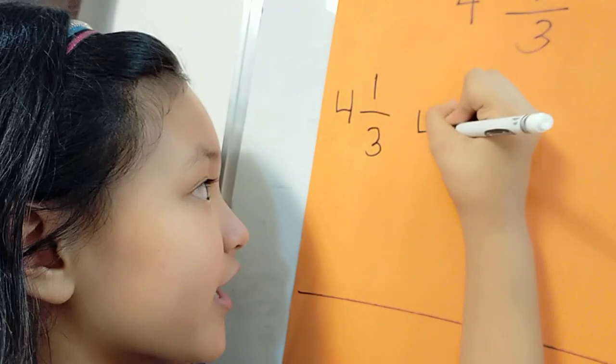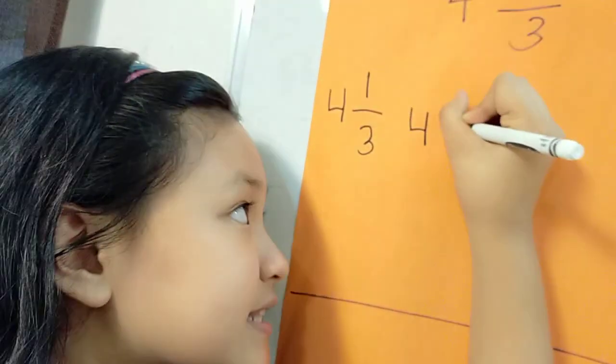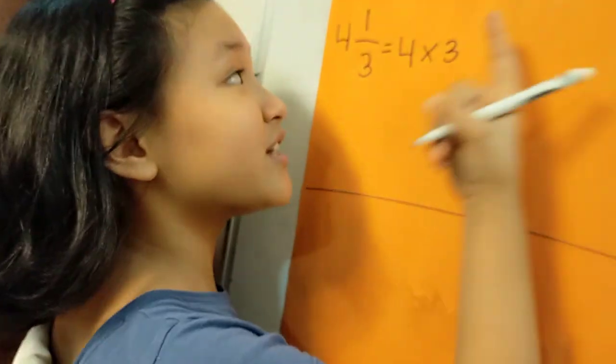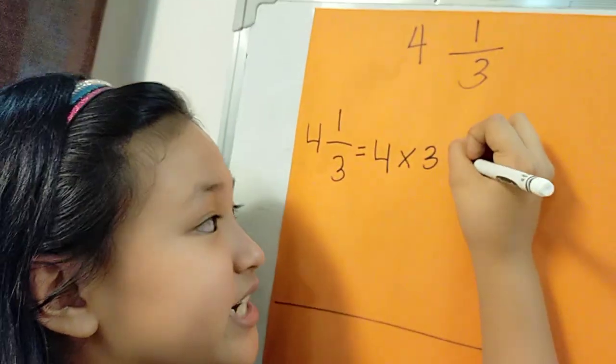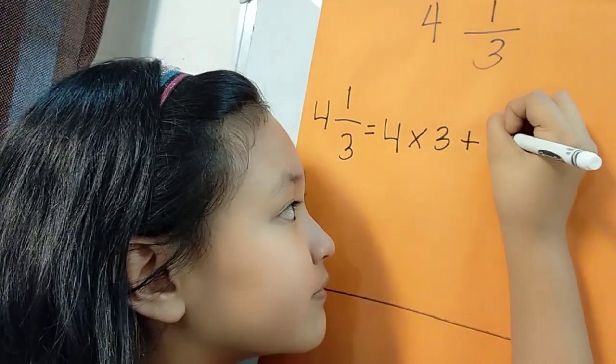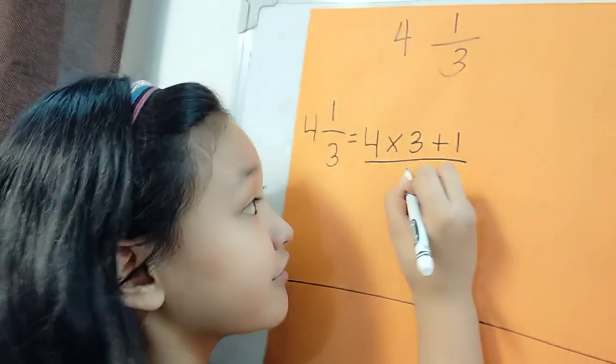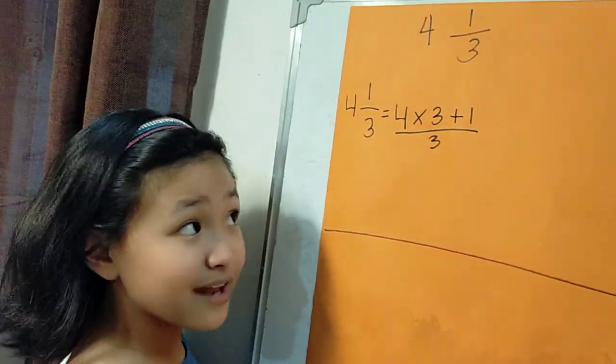So 4 times 3. And then we are going to add the numerator, which is 1. And the denominator will always be 3. And then we will solve it.